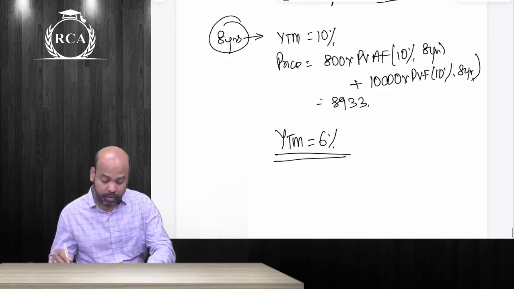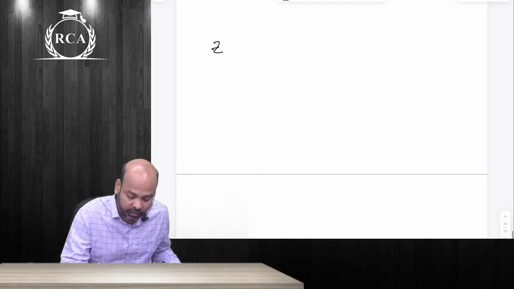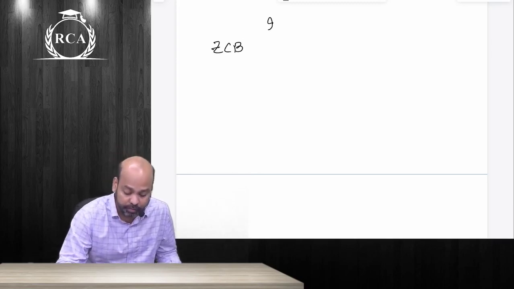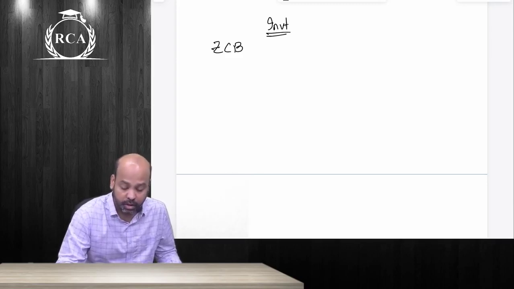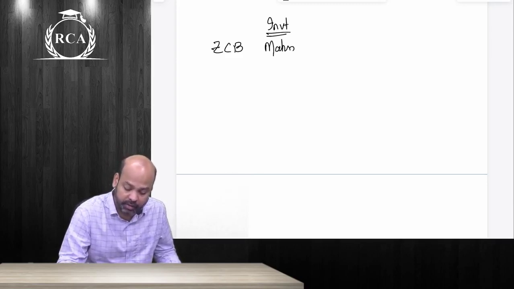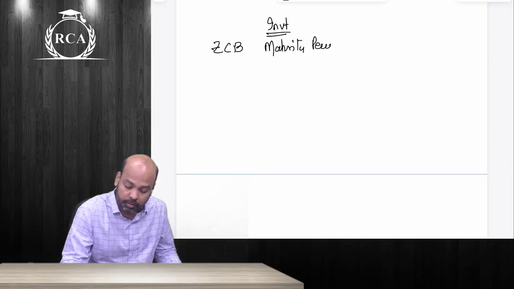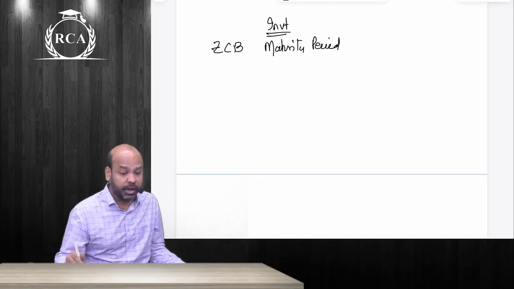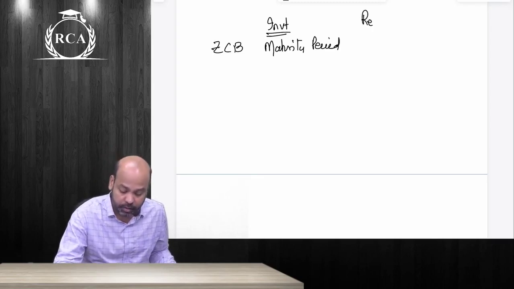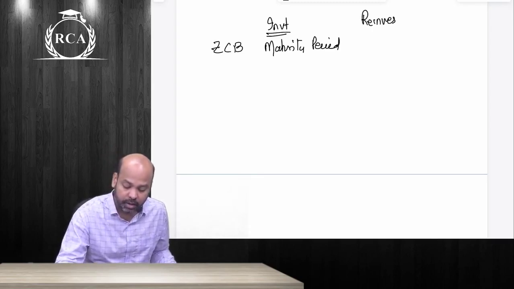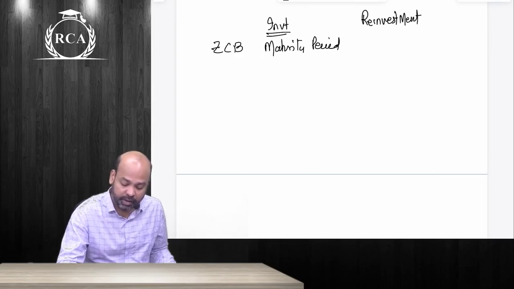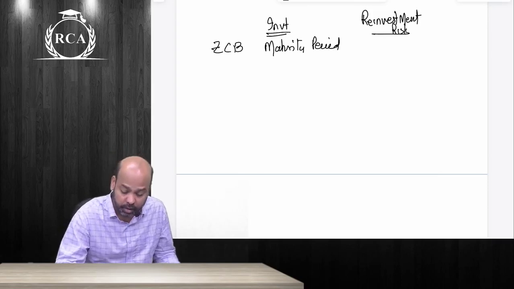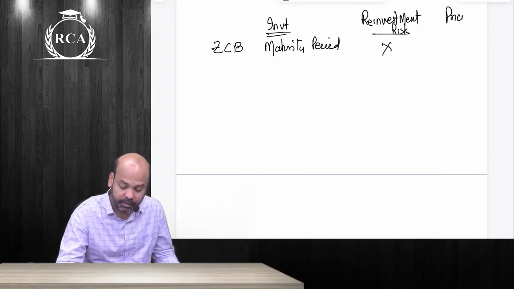Now, in case you are investing in a zero coupon bond for a period equal to its maturity period, your investment period, guys, is equal to maturity period, will I have any amount of reinvestment risk? No. Will there be any price risk?